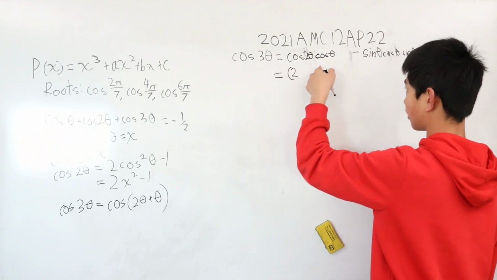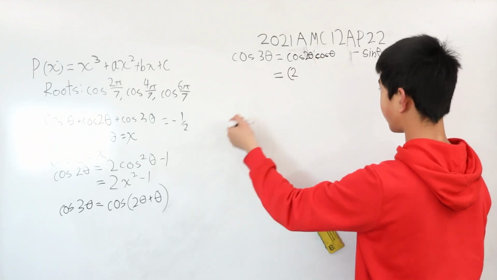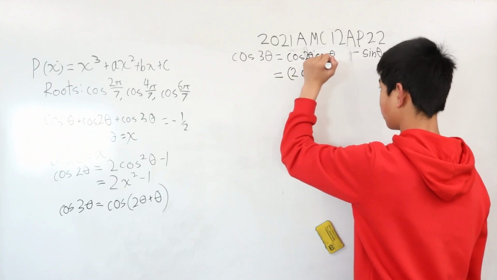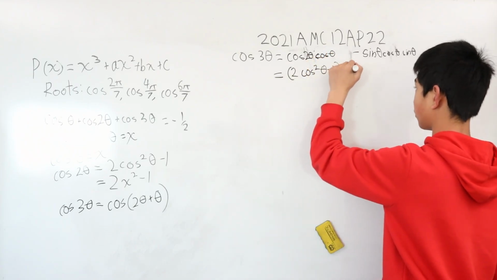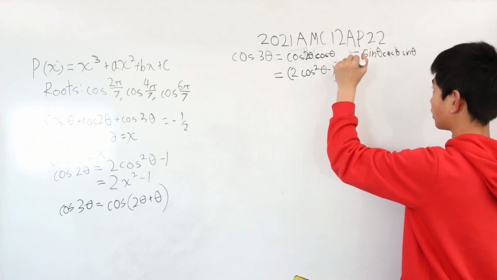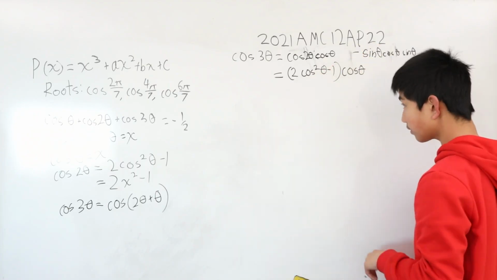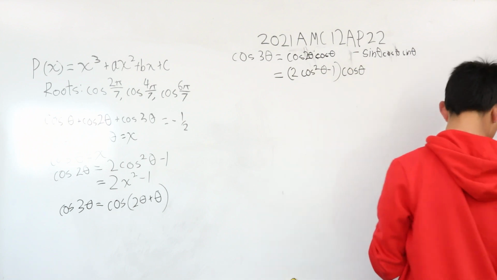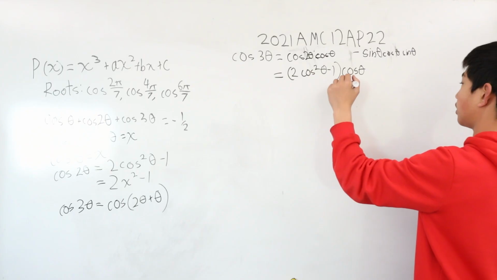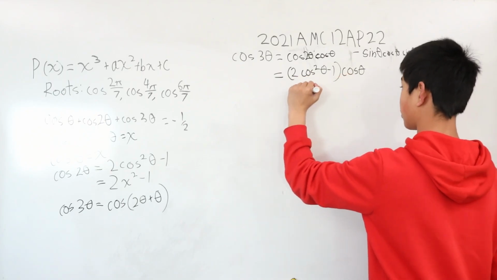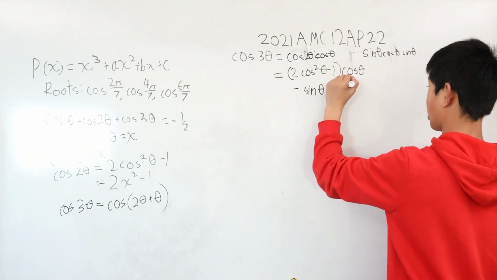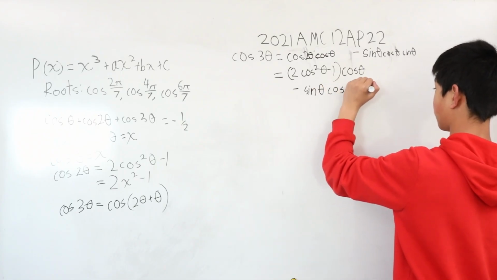So we plug that value in, and then this is cosine theta. And then you have to subtract this still: minus sine theta cosine theta sine of theta.